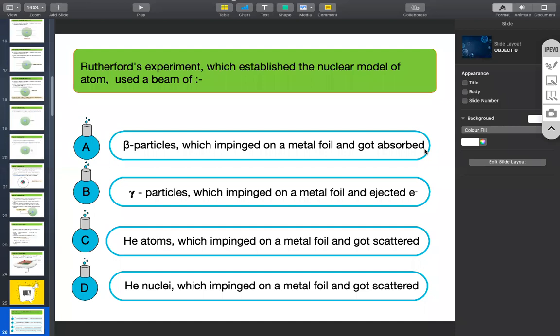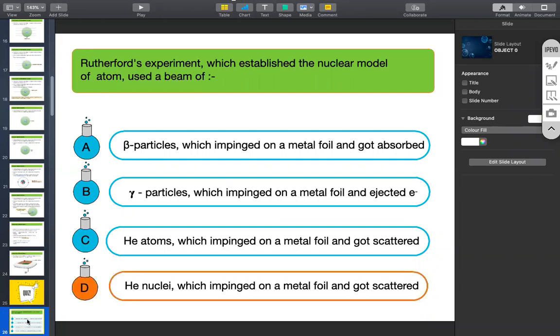So the correct answer is D. Very good. Raghav, Omkar, Jayan, Ritvik, Naren, Raj. So the answer for the next question is D, right? Any doubt in this?